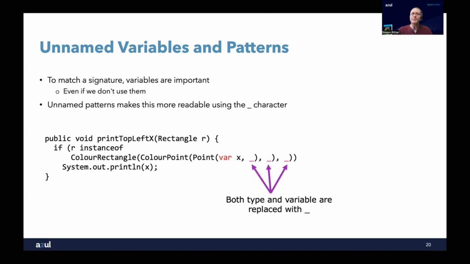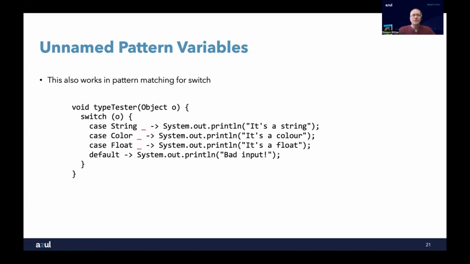Unnamed variables and patterns actually extend further than this, and can be used in different situations with other variables and so on. As I said, we can use that in different places. Here's another example where we're using it in a switch. We want a type pattern for our switch and the different cases, but because we're not using the pattern variable on the right-hand side, we're going to replace it with an underscore.